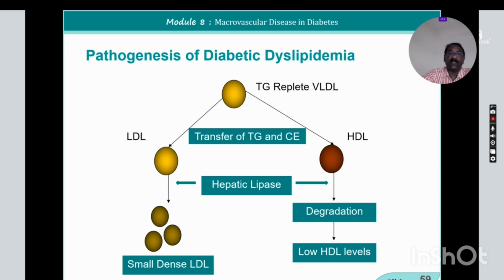So HDL formation on one hand and LDL formation on the other hand. The small and dense LDL are more atherosclerotic, and the more the HDL, the more the protection. But unfortunately in our Indian population, we have degradation of HDL and so low HDL levels. So on one hand we have low HDL levels, on the other hand we have small and dense LDL, even though the LDL particles are normal.